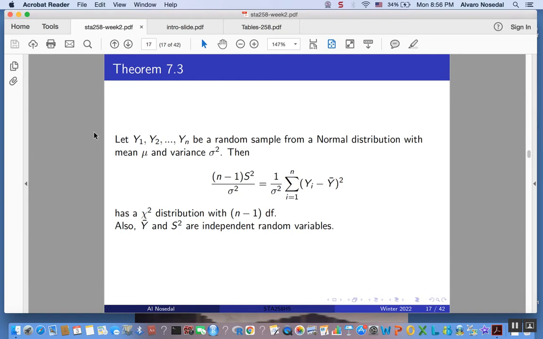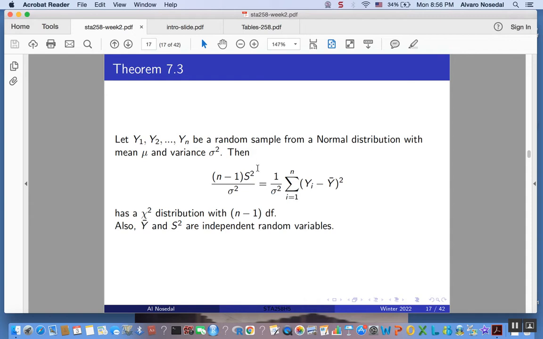So, as advertised, we have a random sample of size n, and we have that these observations, these random variables, have a normal distribution with mean mu and variance sigma squared.